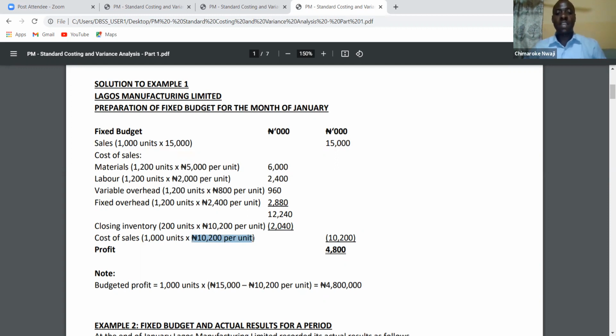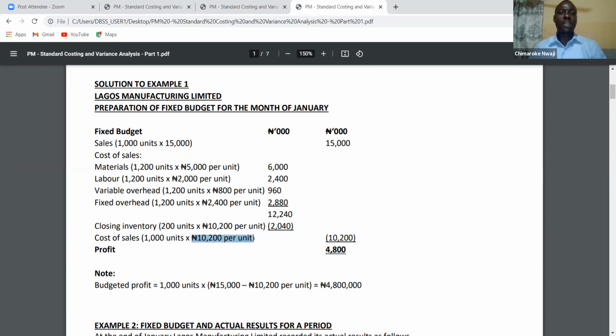You would have gotten your 10,200,000 without going through these hurdles of starting with cost of materials, labor, variable overhead, and fixed overhead. So that's it. We now have our profits of 4,800,000 naira, which is 15 million minus 10,200,000. That gives me 4,800,000. And that's your fixed budget.